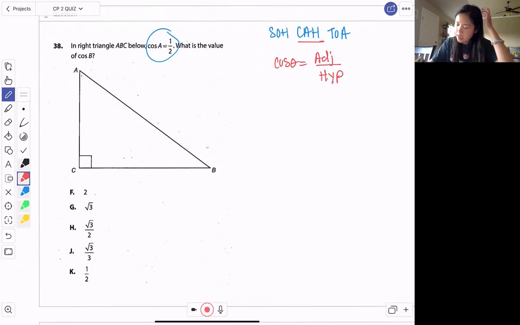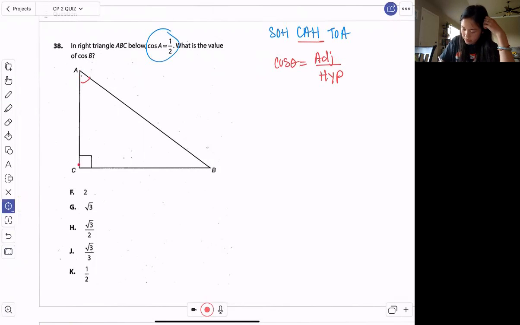So in that case, I know that cosine of A is 1/2. So adjacent, with this angle, has to be right here. So this has to be 1. And then hypotenuse is 2. So the hypotenuse is always diagonal from the right angle. So this has to be 2.